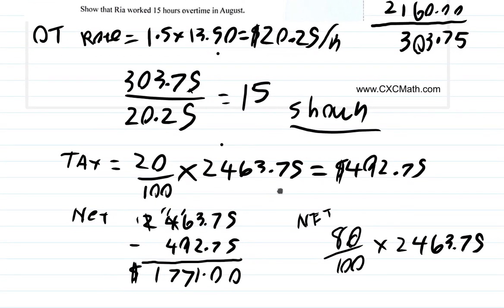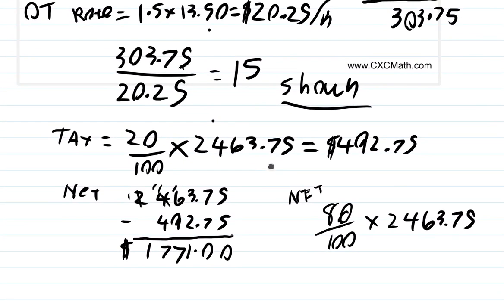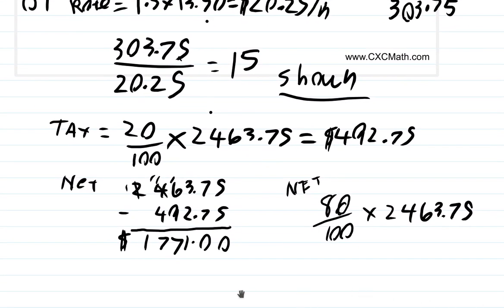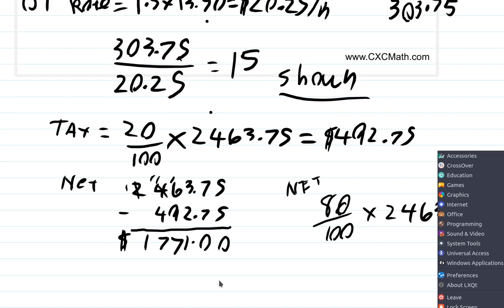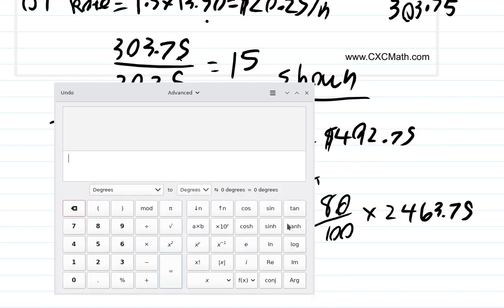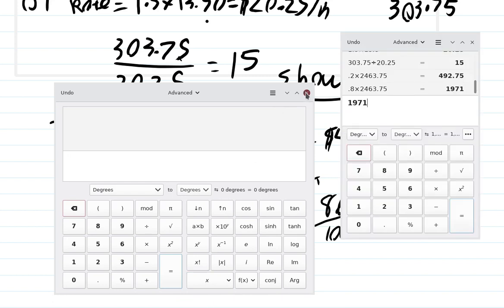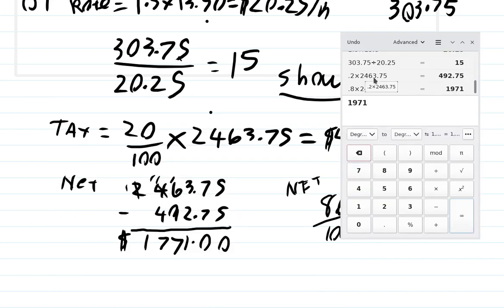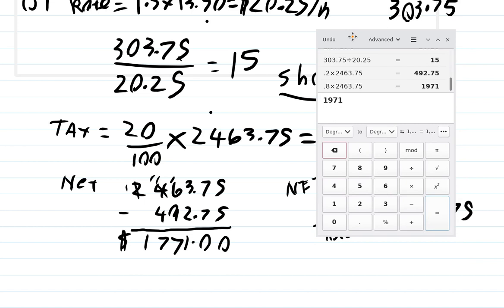$2,463.75. 0.2 of that was what? 0.2 of 2,463.75 is 492 odd. 492 that. And then it subtracts.